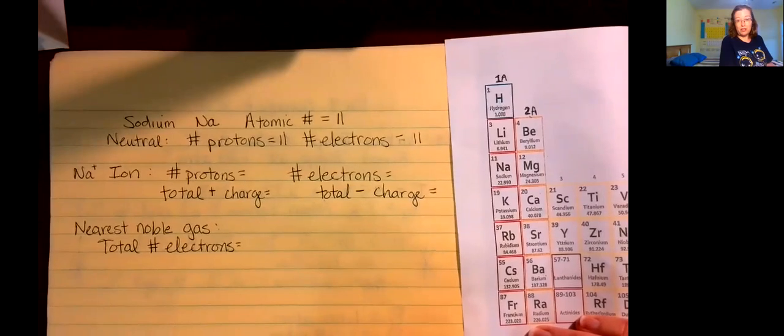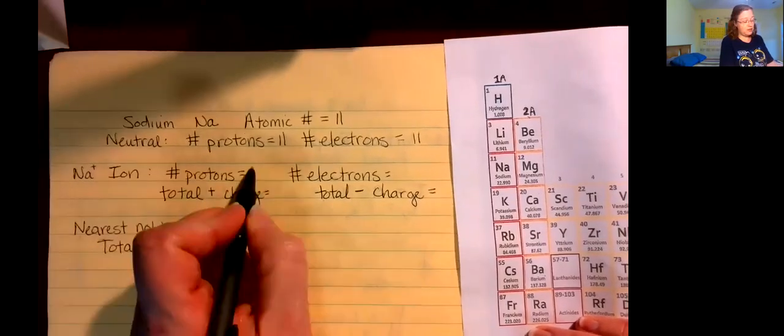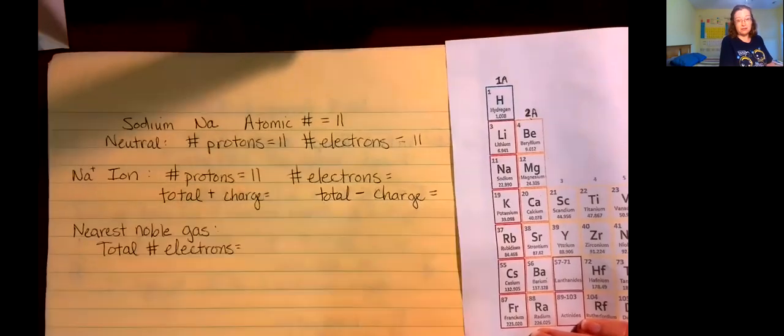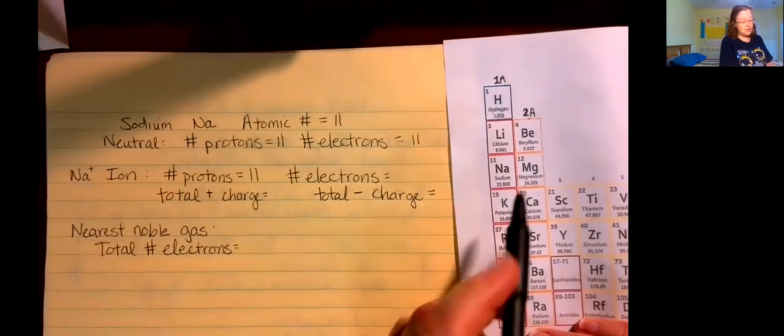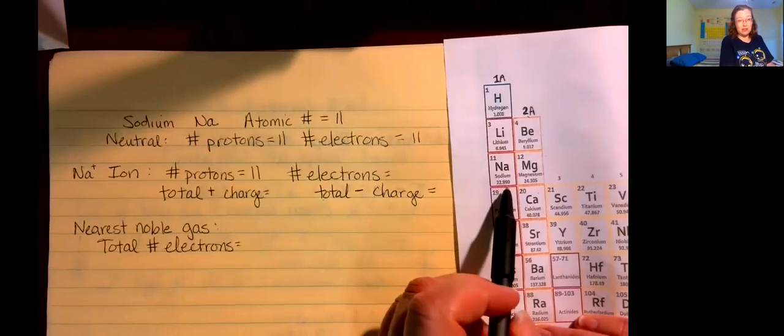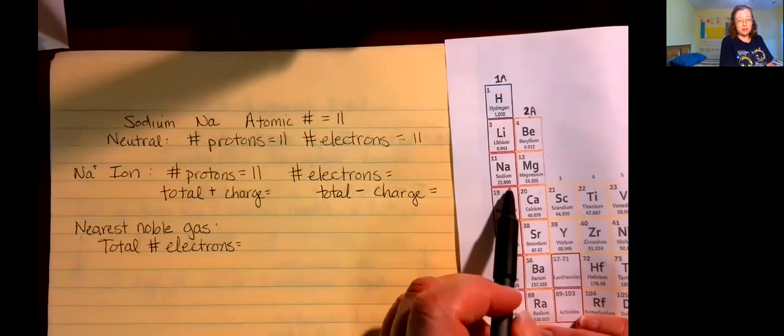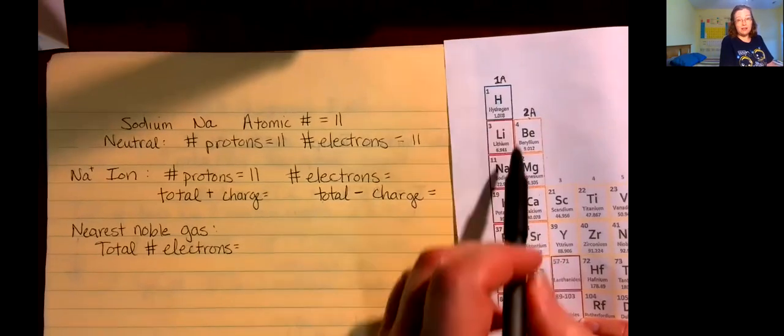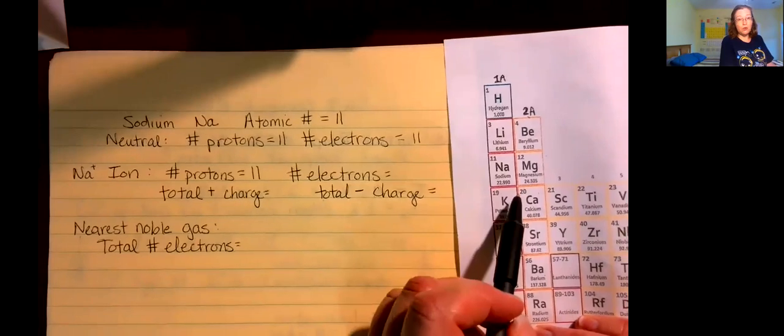Okay, now we're looking for a sodium ion. So the number of electrons is going to change. Well, it's still sodium, so the number of protons still has to be 11. It is in group 1A, and sodium is a metal. Metals always lose electrons. In group 1A, they always lose 1 electron.